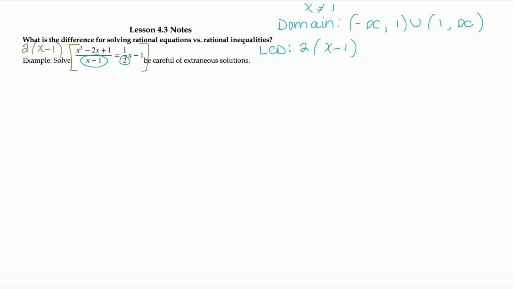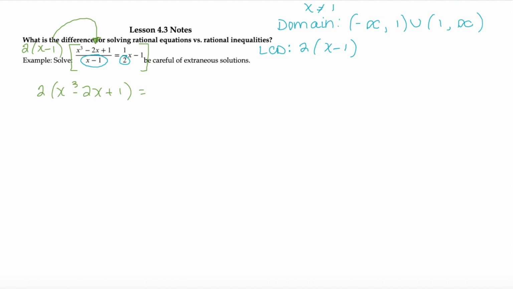When I multiply 2 times x minus 1 times our first fraction here, notice that our x minus 1s will eliminate because they are a common factor. So all we are left with is 2 times x cubed minus 2x plus 1 equals.